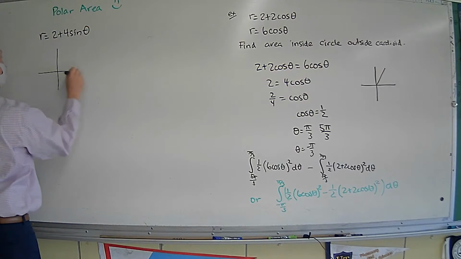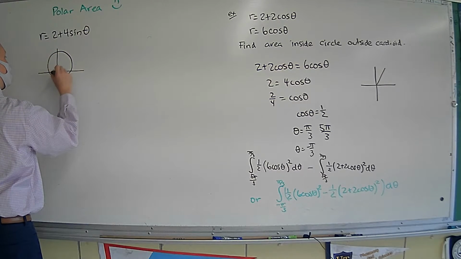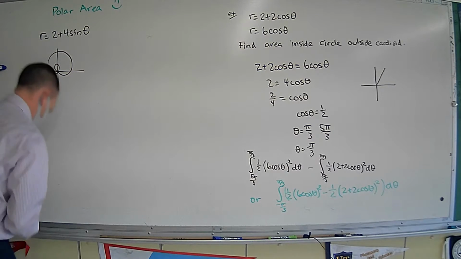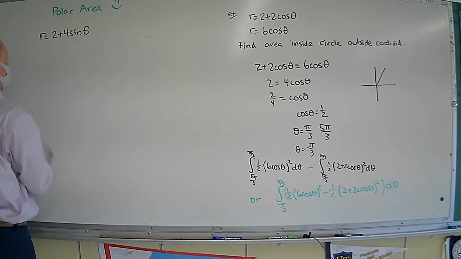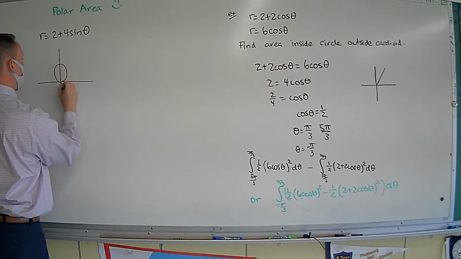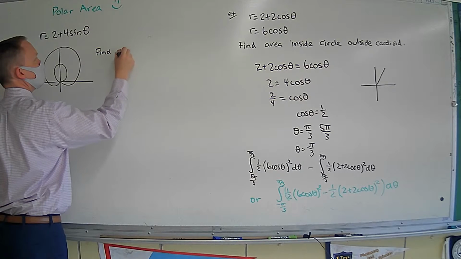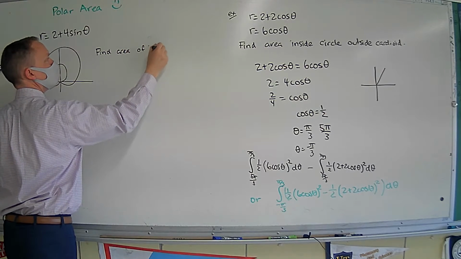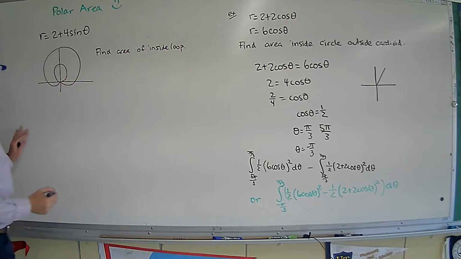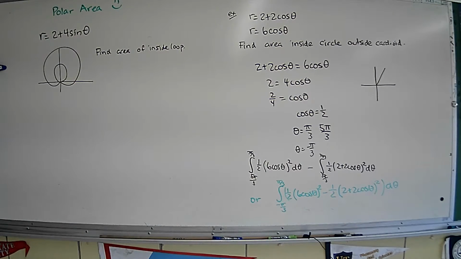Okay, and this is what's called a limacon. So find the area of the inside loop.